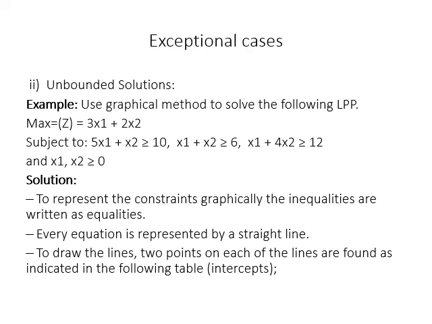Given the objective function maximize Z equals 3x1 plus 2x2, subject to the following constraints: 5x1 plus x2 more than or equal to 10, x1 plus x2 more than or equal to 6, x1 plus 4x2 more than or equal to 12, and x1, x2 more than or equal to 0 as the non-negativity condition.